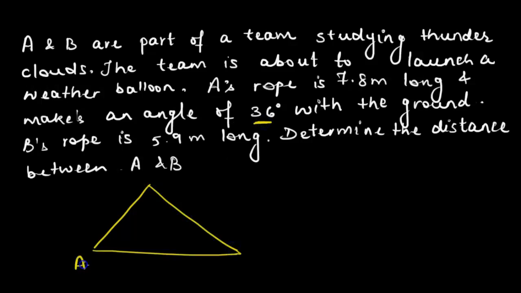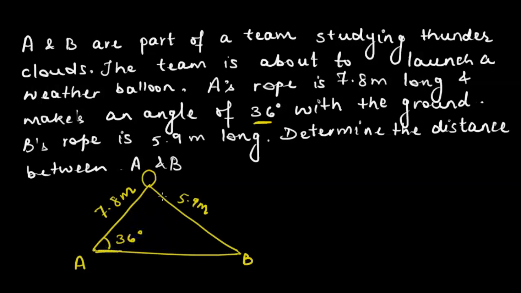Let's say this is where A is standing, and this is where B is standing, and this is where the balloon is that they're launching. The length of A's rope is 7.8 meters, whereas the length of B's rope is 5.9 meters. The angle made by A's rope with the ground, so this is the ground, is 36 degrees.